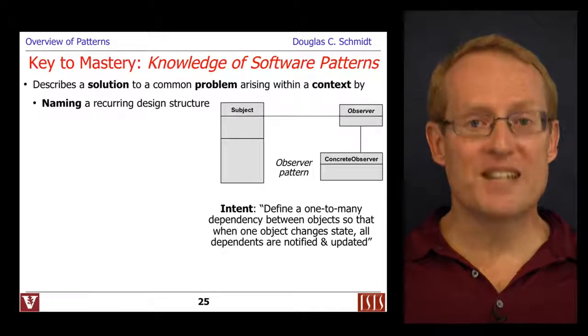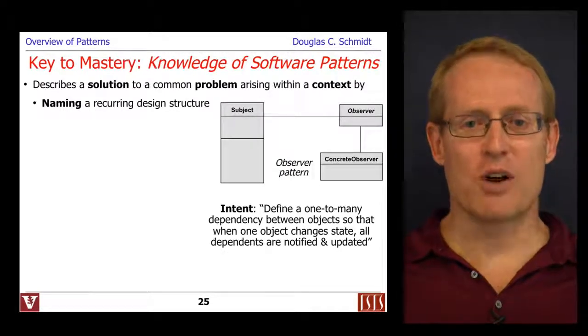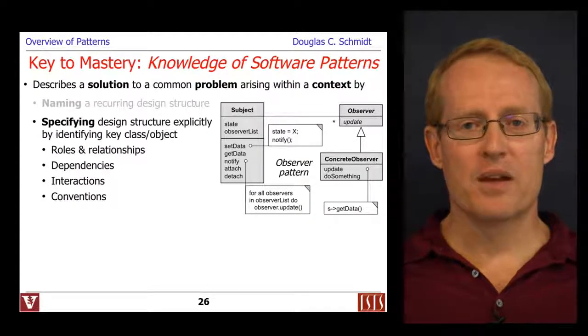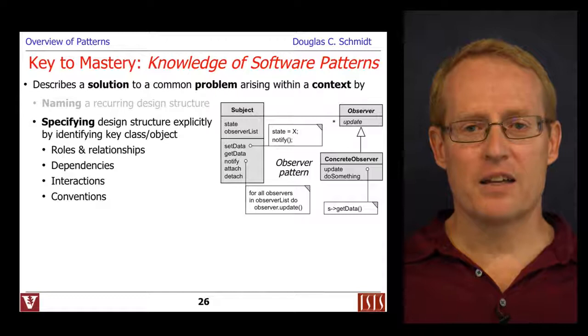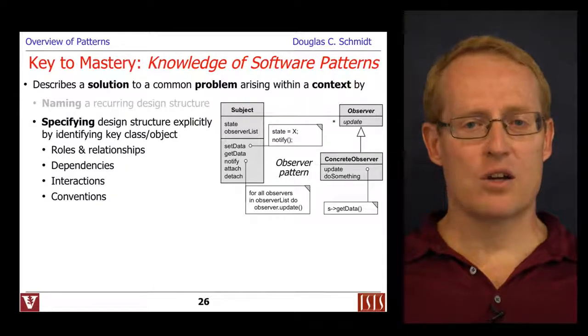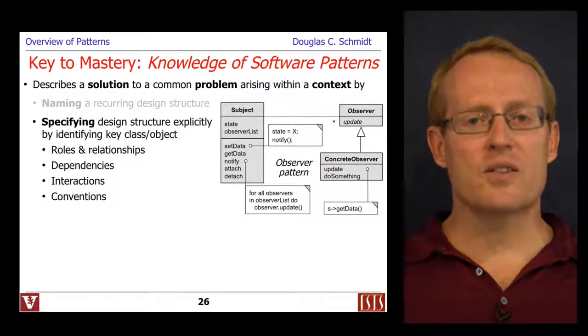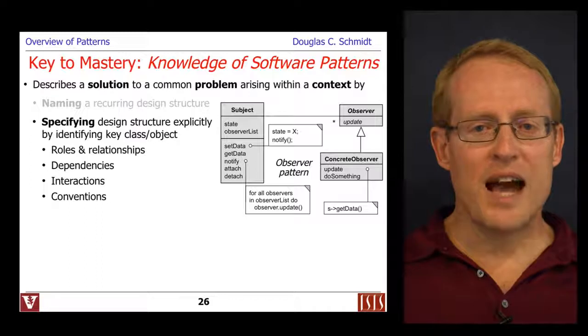But of course, we need more details than just the name and the basic structure. We need to specify the design structure more explicitly. And we do that by identifying key object and class roles and relationships, dependencies, interactions, and conventions. So take a look at the structure that's unfolded here. You can see now a bit more detail.